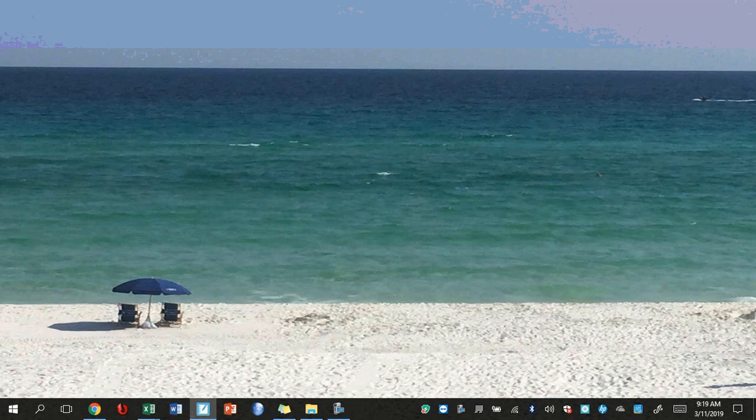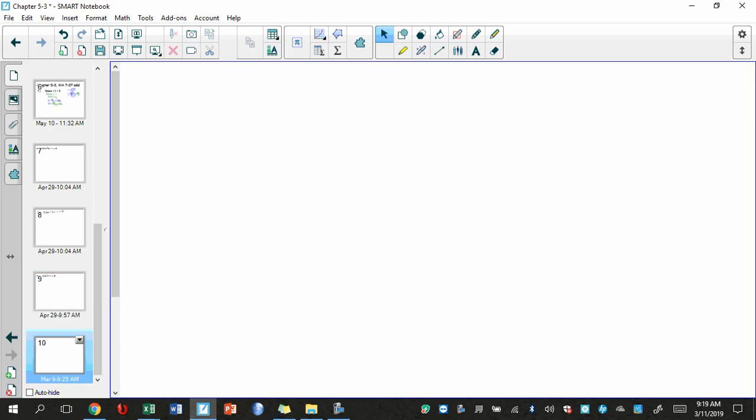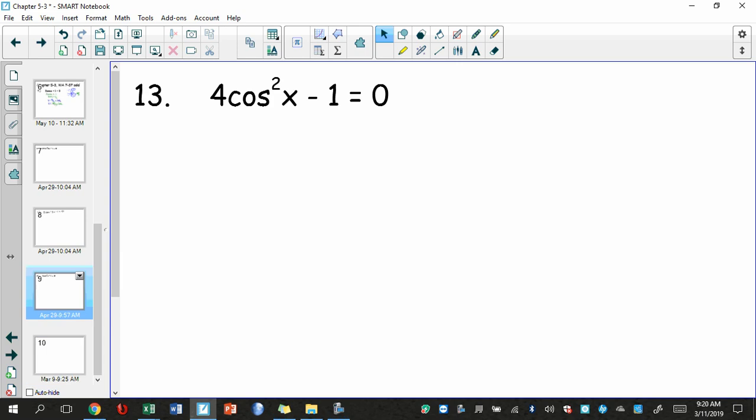Four times the cosine squared of x minus 1 is equal to 0. So this is number 13. So how do I solve this problem? 4 times the cosine squared of x is equal to 1.